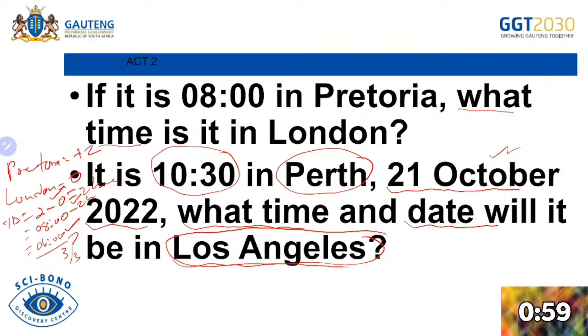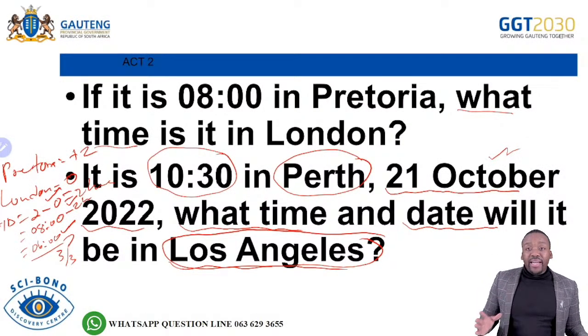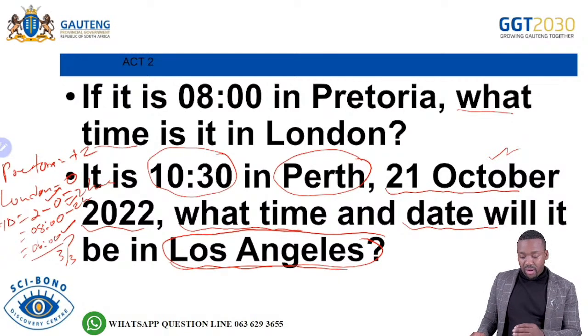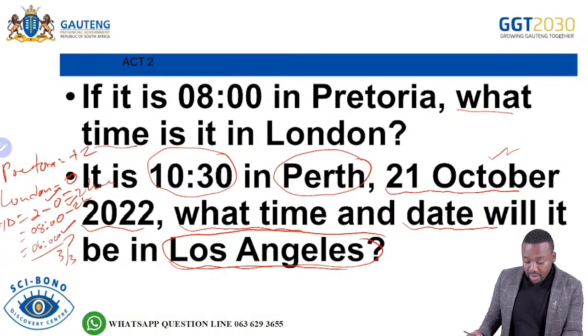Right, welcome back. I hope we have answered your question. Now let's deal with the corrections. My statement is, it is 10 hours 13, 21 October 2022. Calculate the time and date it will be in Los Angeles. What is step one? Remember, what did I say?